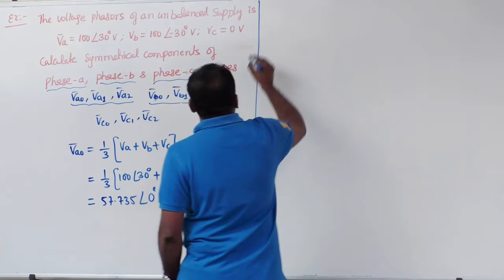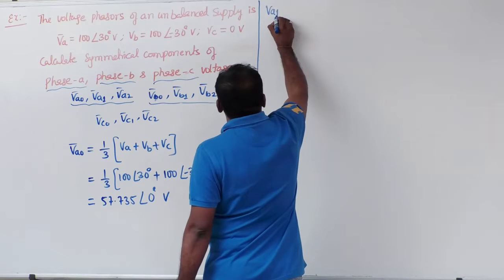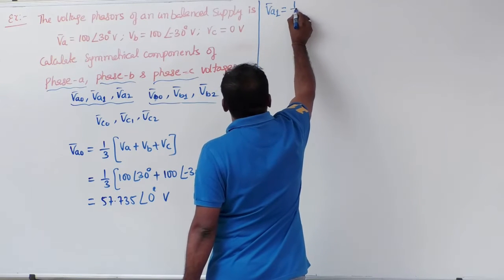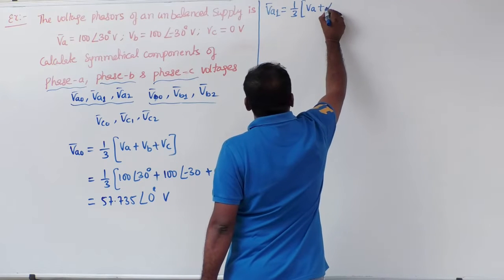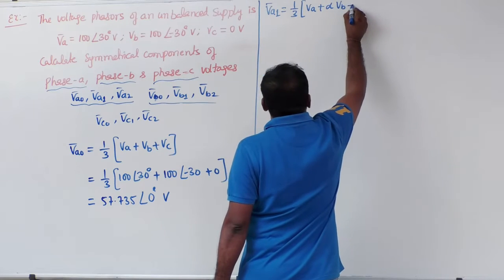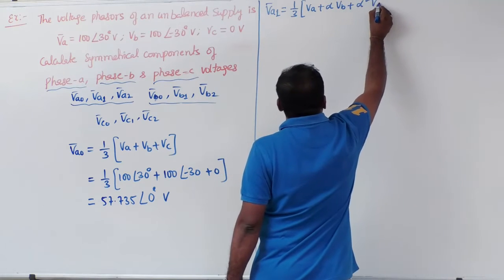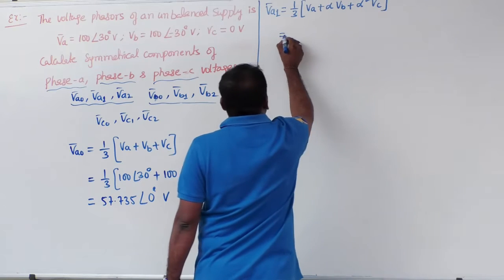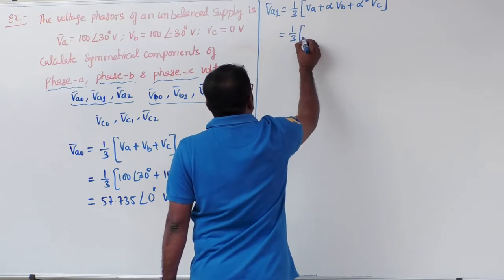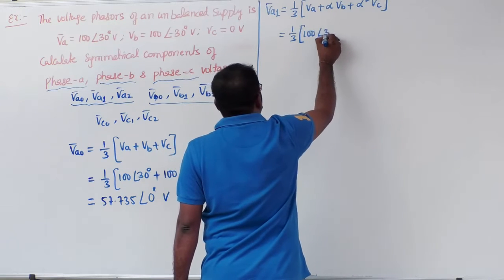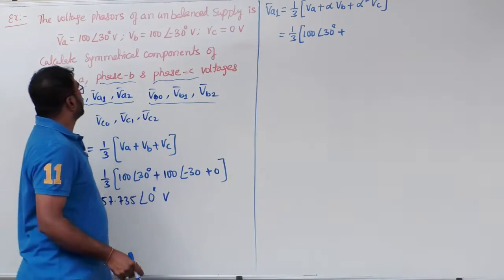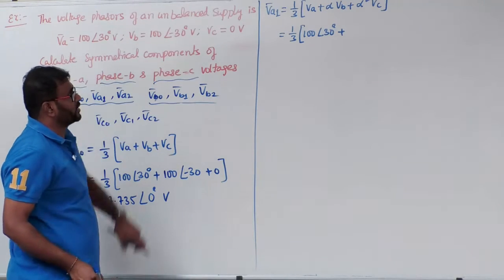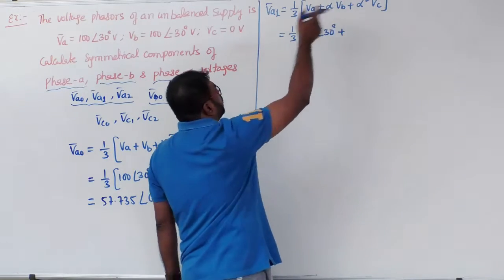Now we need to calculate VA1. Let me write the formula first. VA1 equals 1 by 3 times VA plus alpha VB plus alpha square VC. If I substitute, VA is 100 at an angle 30 degrees. VB is 100 at an angle minus 30, but alpha is 1 at an angle 120.